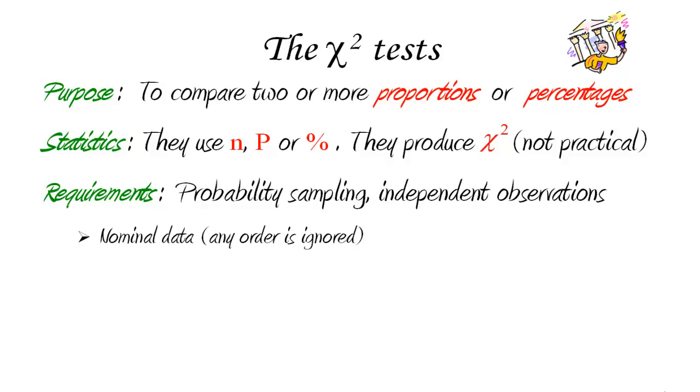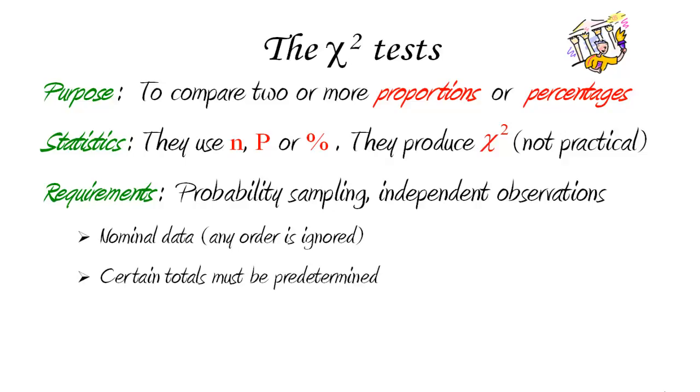In fact, you're going to see the chi-square test also apply to ordinal data or even sometimes to numerical data. However, when we do that, we're really applying the chi-square test by ignoring any order and definitely any size that comes with the numbers. So when we apply the chi-square test, all we're looking at is certain values of the variable and nothing else, nothing about how those values relate to each other.